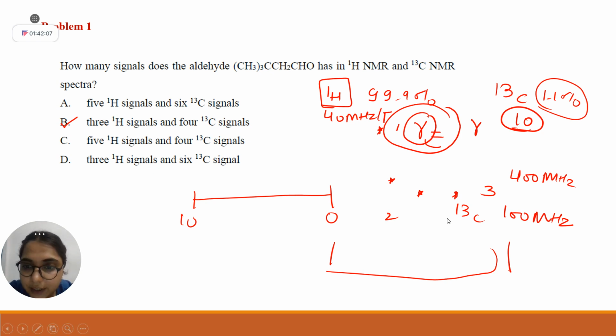I will give the solution in the next class, because books also give the answer on the basis of the gyromagnetic ratio only. I will try to find one more reason for that scale. There is a theoretical answer, but I will give you a logical answer based on this.